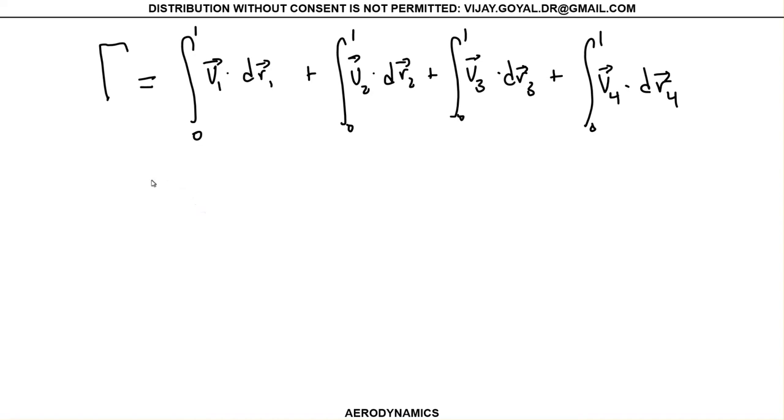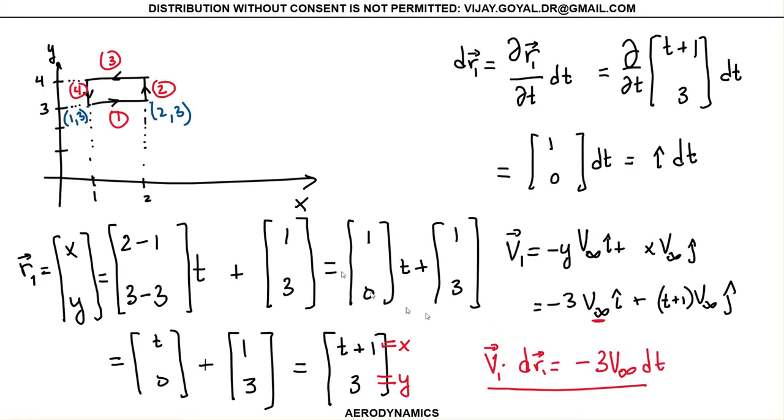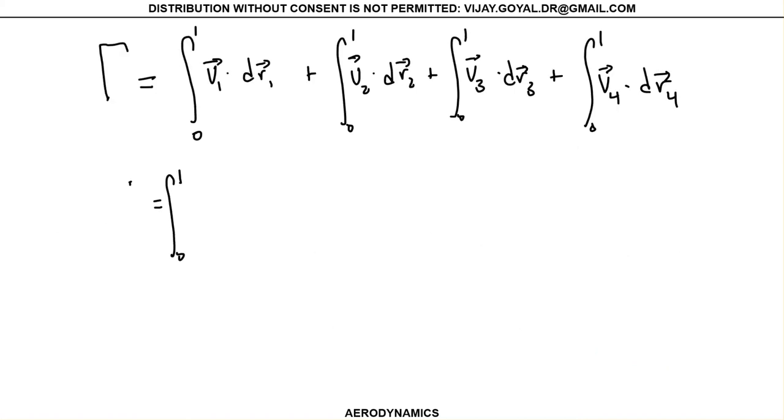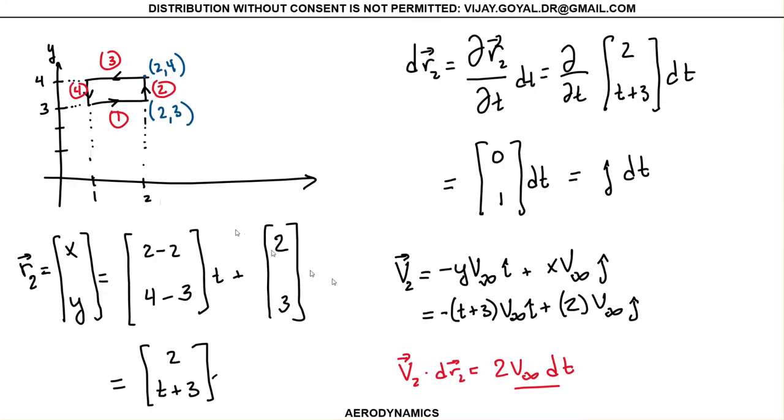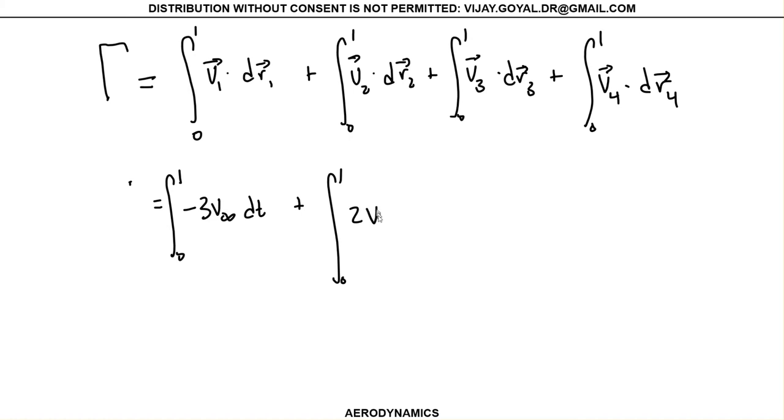Okay, so let's put here all the values back together. So the first segment would be equal to 0, 1. That was equal to minus 3 v infinite dt plus 0 and 1. The second segment was 2 v infinite dt plus 0 to 1.